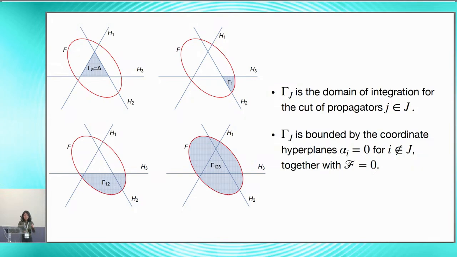So actually, it's more the opposite. If you're looking for a cut, let's just take this one, for example. Here's a region which I've identified as a cut of one propagator. But that's not really where it comes from. Where it comes from is I would start in the kinematic region where there's a discontinuity in that mass. And in that region, f equals 0 would slice through the triangle.